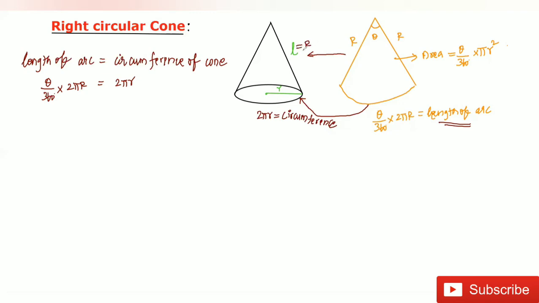So how am I telling that they are equal? Listen, children, if you observe this carefully, when we join these two edges only then we are getting this shape. The radius only changes into the slant height.